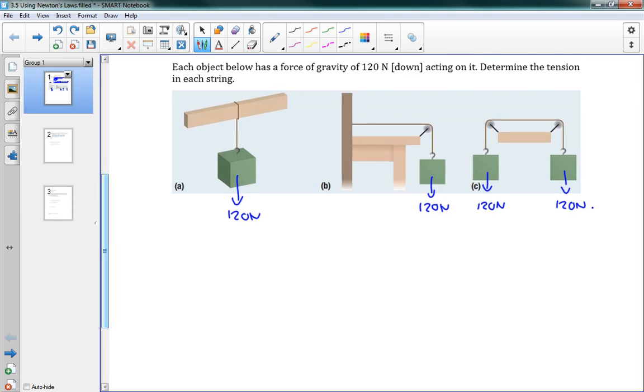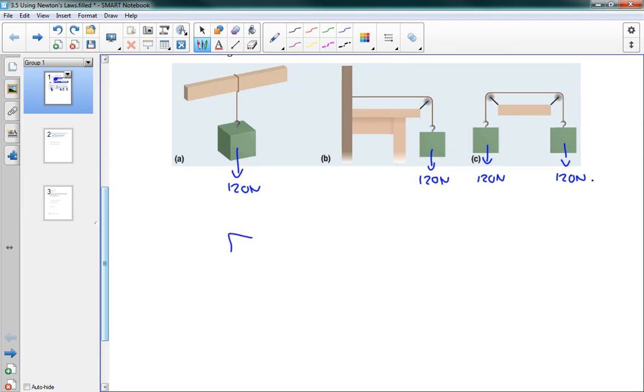Okay, this one won't take long. So for each of these objects, it's being pulled down by 120 newtons, and the objects aren't moving. They're all at rest. So if it has 120 newtons down, I'll draw my free body diagram here. The only thing that's pulling it up is tension, which means that it needs to be equal to 120 newtons, because the object needs to be balanced.